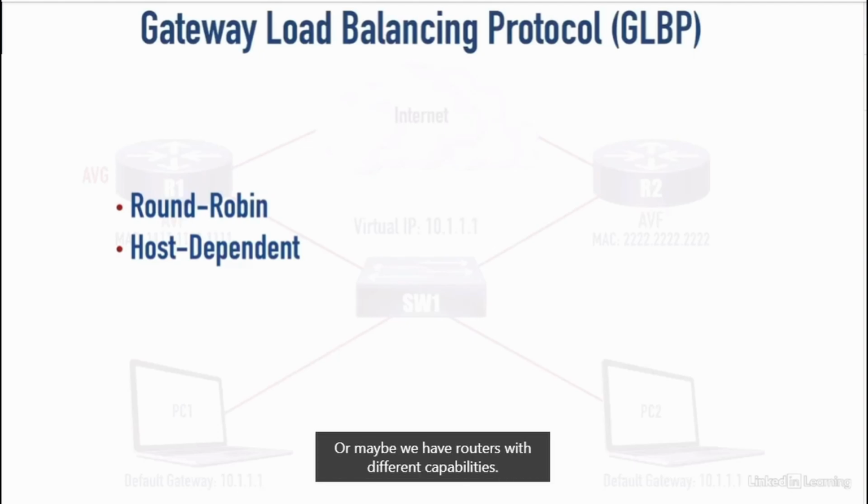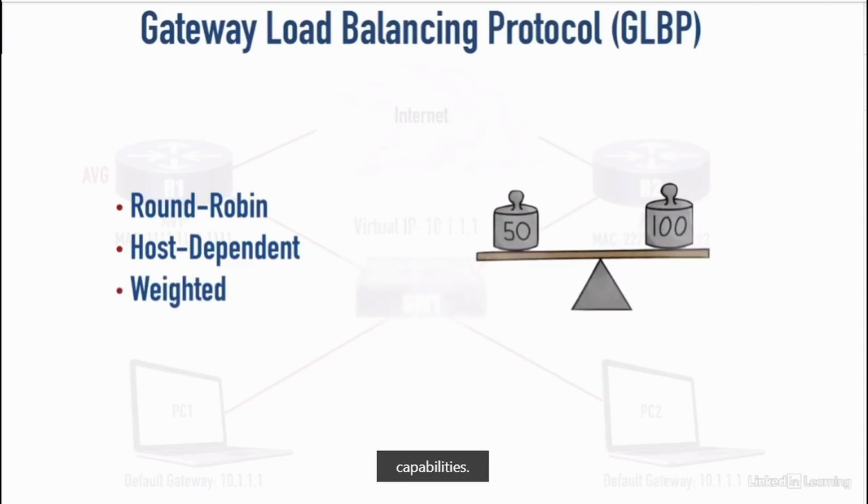Or maybe we have routers with different capabilities. We've got a very high-end router, perhaps. It's got a lot of horsepower. Maybe it's one of the newer third-generation ISR routers, like one of those 4000 series routers. And maybe we've got some older routers as well. Maybe we've got a 2800 series router sitting around that's not nearly as powerful. Well, what we can do is distribute the load based on the router's capabilities.